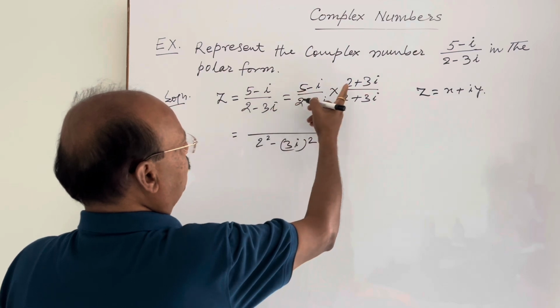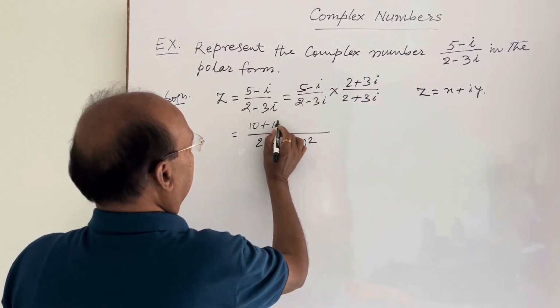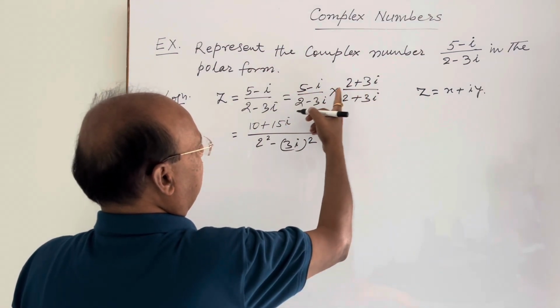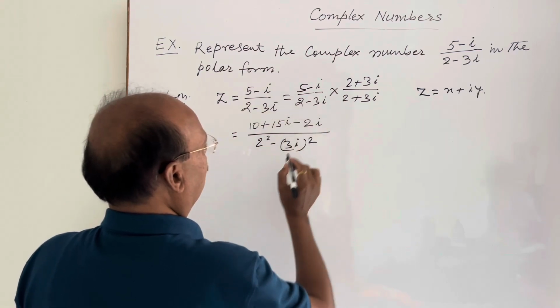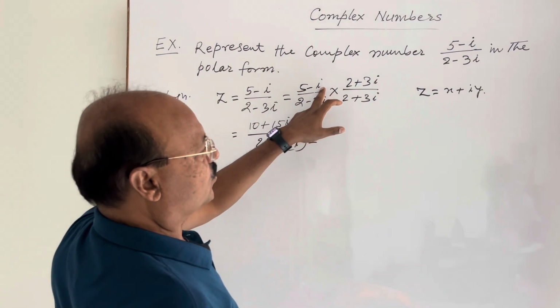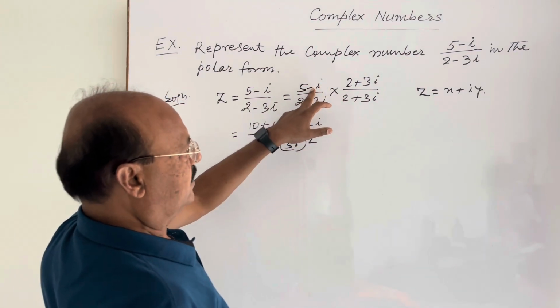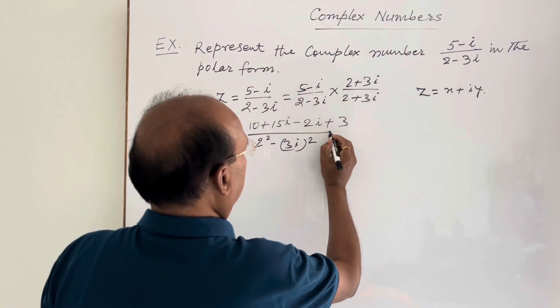So 5 into (2 + 3i), that is 10 + 15i, and minus i into (2 + 3i), minus i into 2 is minus 2i, and here i into i is i square, which is equal to minus 1. So minus 1 of minus is plus 1, so this is equal to plus 3.